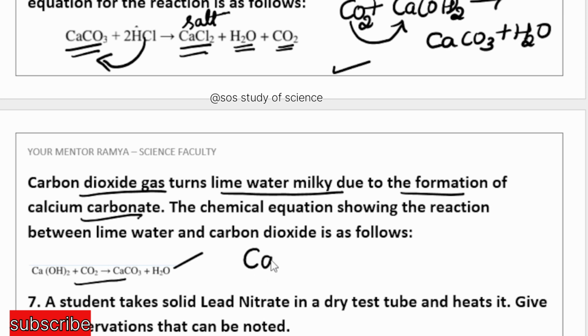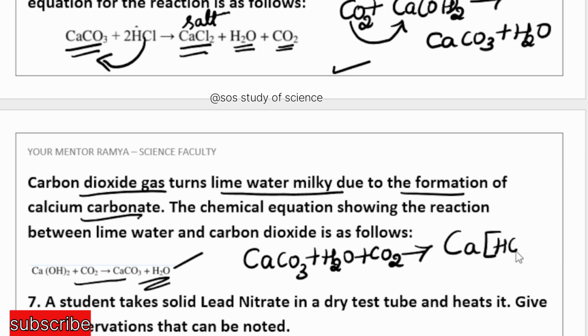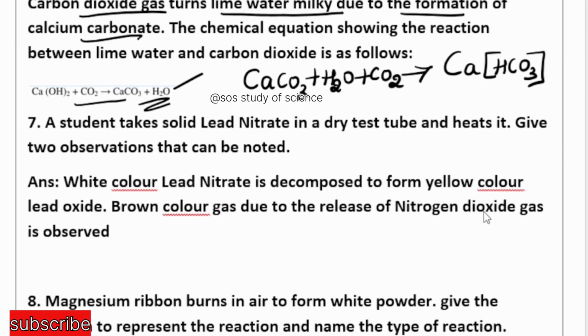If I pass carbon dioxide in excess to this calcium carbonate, my dear students, I will get calcium hydrogen carbonate, Ca(HCO3)2. Very important. I hope you understood this question.